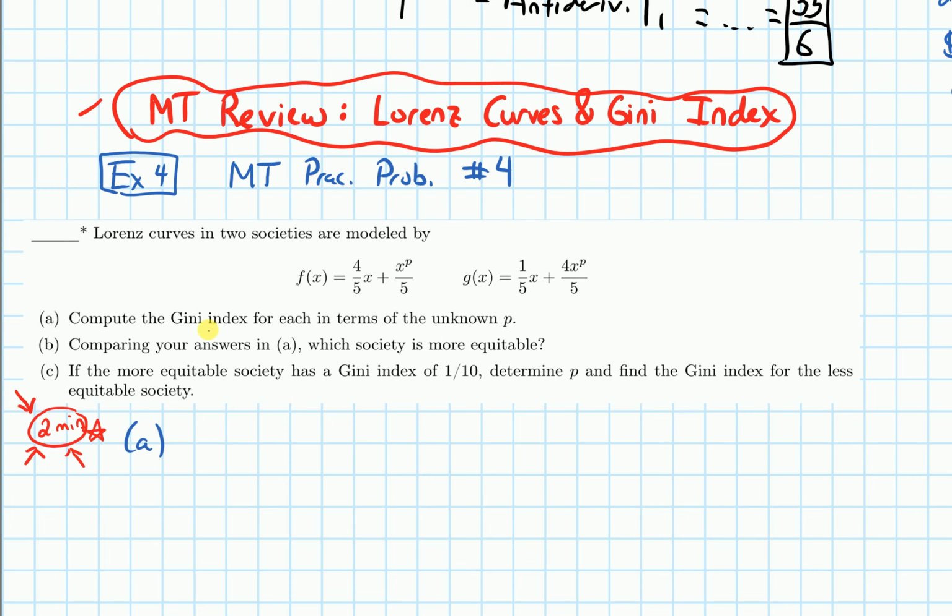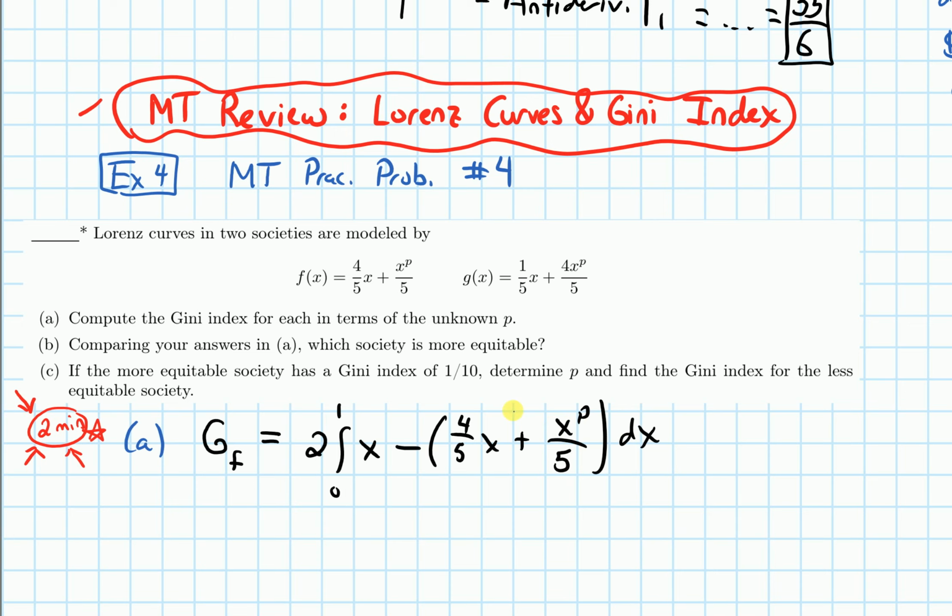So the Gini index for the function f of x, I'm going to call G subscript f. And remember, the formula for the Gini index is 2 times the integral from 0 to 1 of x minus our Lorenz curve, because remember x was the curve of perfect equity. So our Lorenz curve for f is 4/5 x plus x to the p over 5 dx.